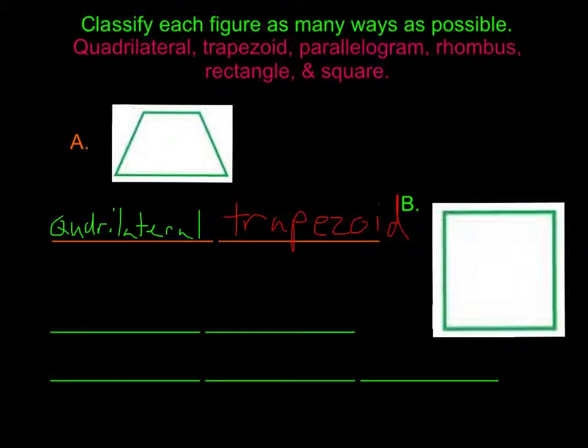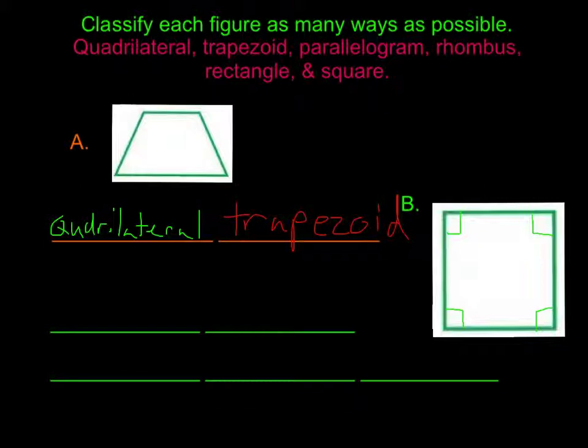Trapezoid. Okay, now we're going to look over here at figure B. Figure B here, as most of us know, is a square. If we look at the angles here and we put a box in each angle, we can see that they are right angles. They are square angles.